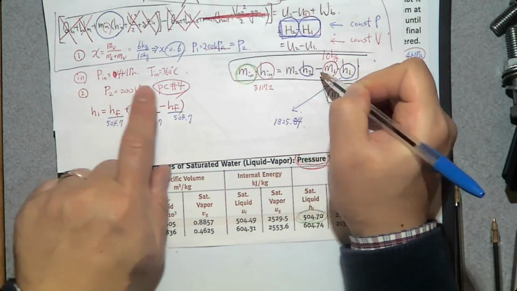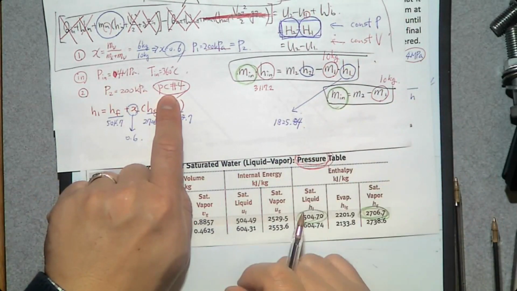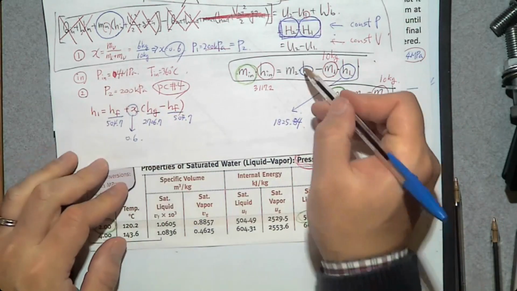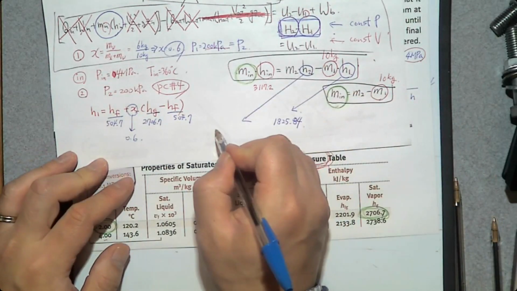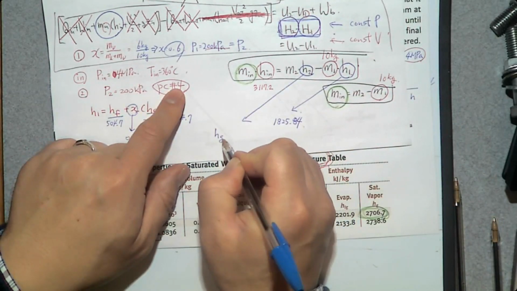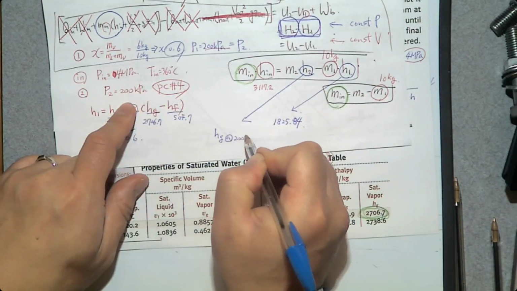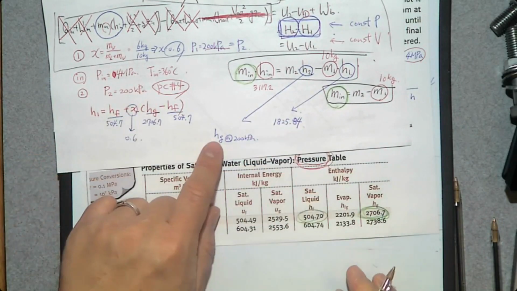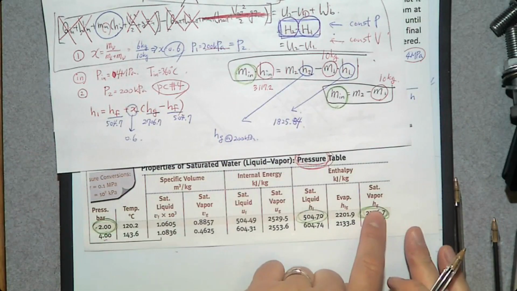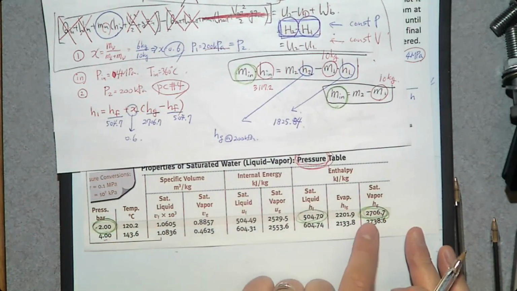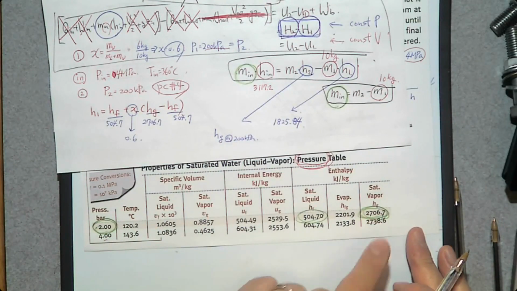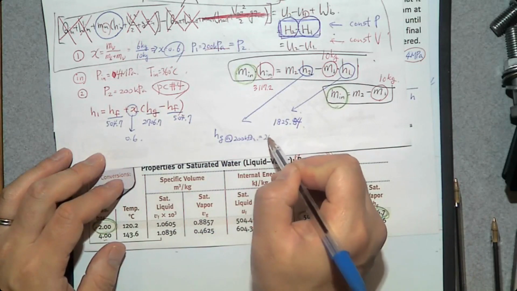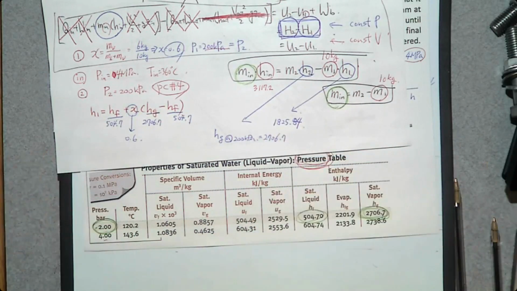At number 2, we know it is saturated vapor at 200 kilopascal. So it's going to be Hg at the given condition, 200 kilopascal. So what is Hg at 200? 2706.7.